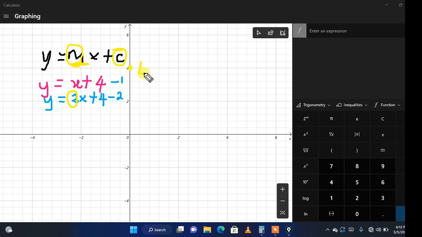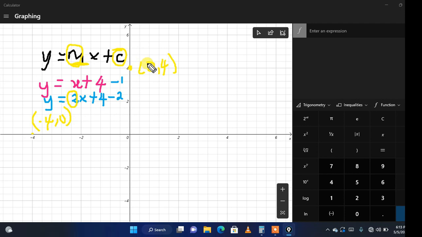So we have the point (0, 4), which is the y-intercept. The same way, we are also going to have an x-intercept at this point, which is (-4, 0).